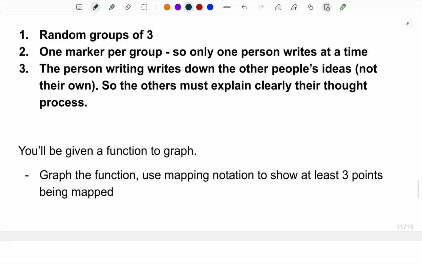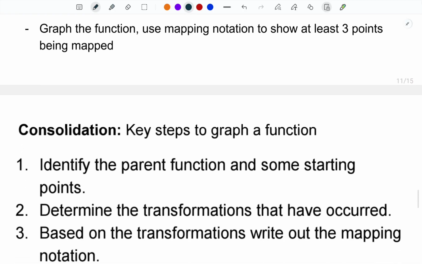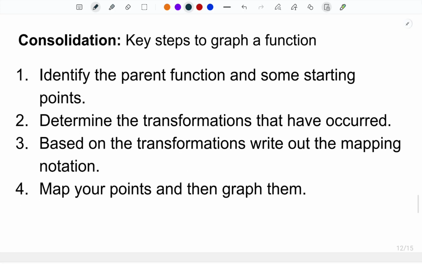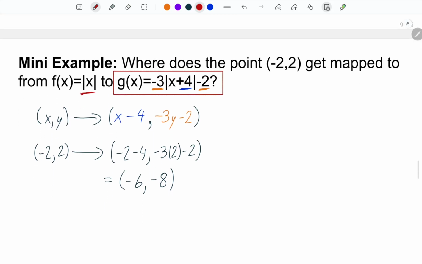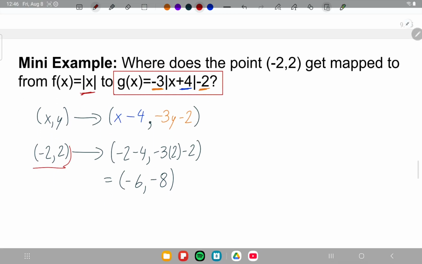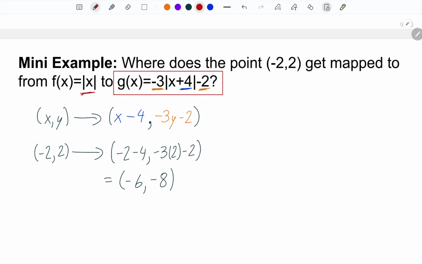Okay, so we're not going to do this. It's a video, so you'll just have to go through this. But the key thing when you are drawing graphs is you need to identify the parent function and you need some starting points. That's the key thing, because when you apply that mapping notation, like we just did in this little mini example, you need a point to actually map. If you don't have a point to map, well, you can't do much.